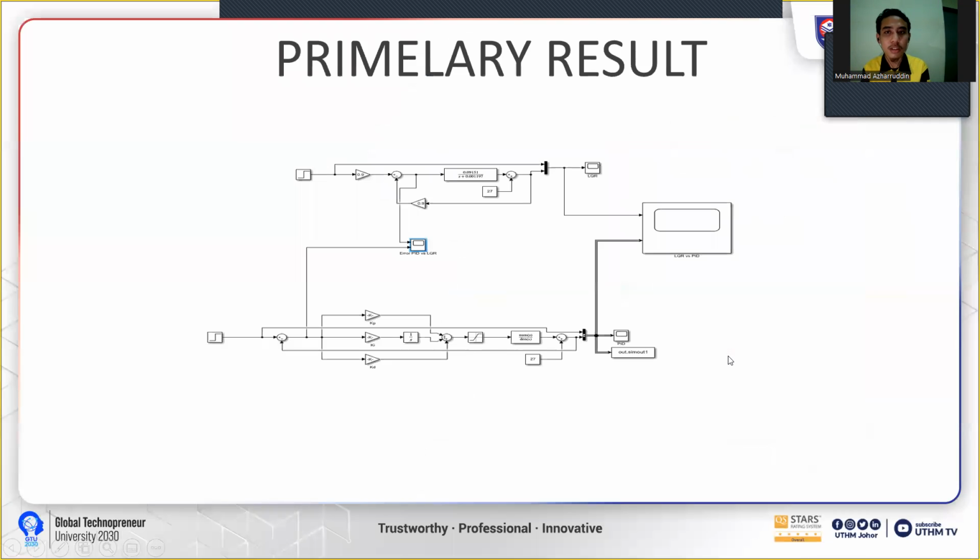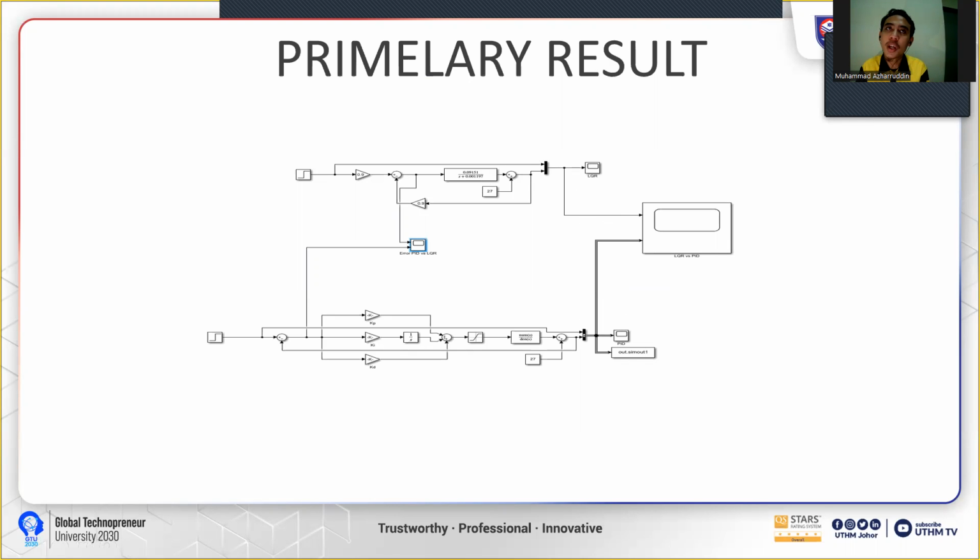Moving on to the preliminary result, this is chapter 4. For the preliminary result, I use a PID controller with LQR. The bottom is PID, and the top is LQR. For these two, we compare the graphs to see which is more stable.